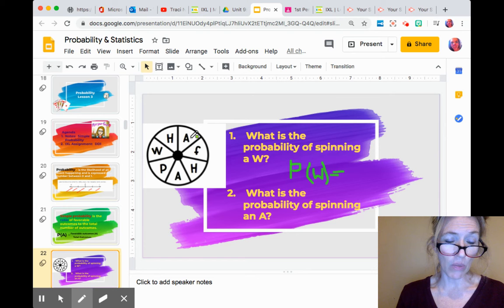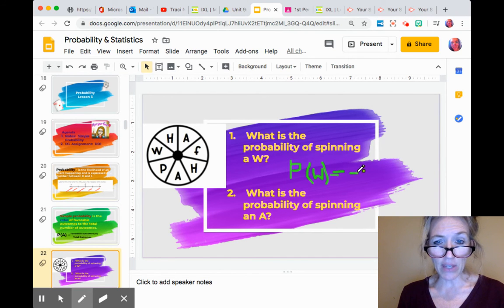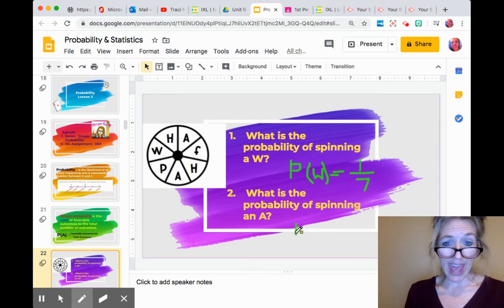So I'm going to count them: 1, 2, 3, 4, 5, 6, 7. 7 will be my denominator. And then I'm going to count how many times W occurs on the wheel. Well, I'm only seeing it one time. So that's what goes in my numerator, and my probability for W occurring is going to be 1/7.